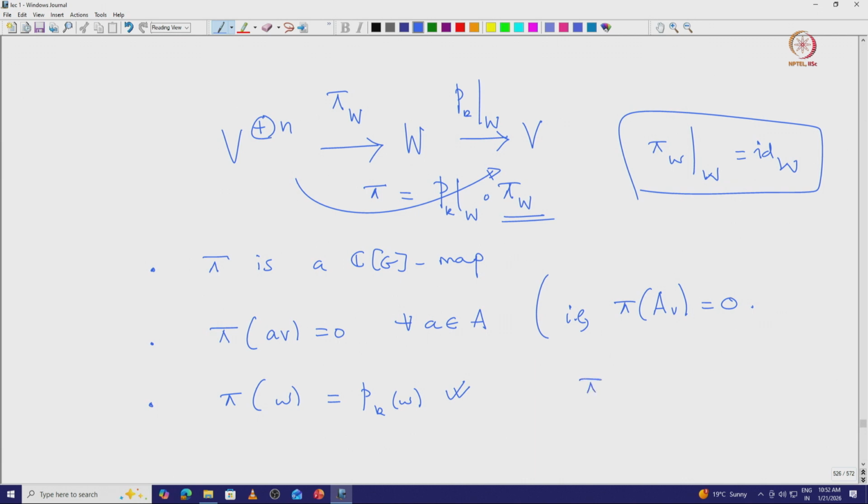So, that is the important thing. So, pi is indeed a non-zero map, because Pk is a non-zero map. So, now we got this very interesting CG map, that is actually from V direct sum n to V, that satisfies this property.